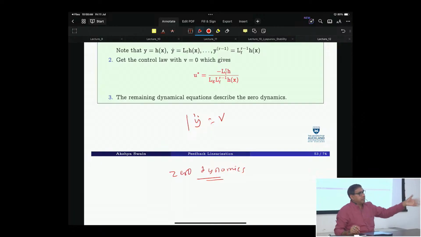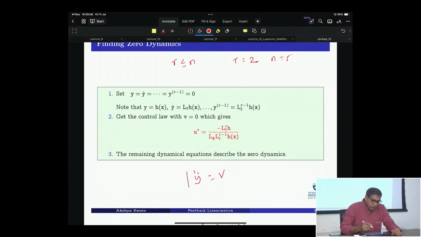You study their dynamics. There is a method in which you study the zero dynamics. Now, if the relative order is the same as the system order, then there is no zero dynamics, because I am linear with all the state variables. So zero dynamics is not present, because I have good relations with all the people.